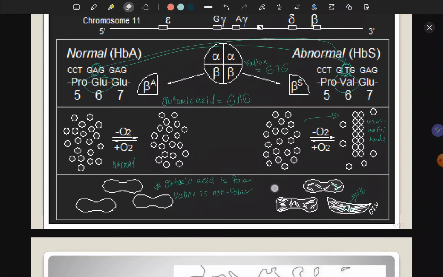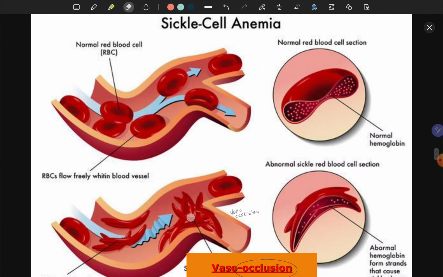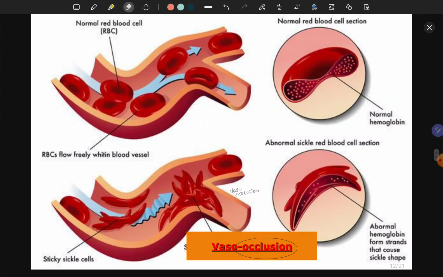If you imagine this morphology, parts of the membrane would be removed each time with the aggregation, with the contact with the macrophages of the spleen, for example. So the lifespan is reduced because the morphology is not normal; they are fragile. They would be destroyed each time they pass through small blood vessels, particularly the spleen. The macrophage will remove any abnormality from the membrane. That's why it's a hemolytic anemia.